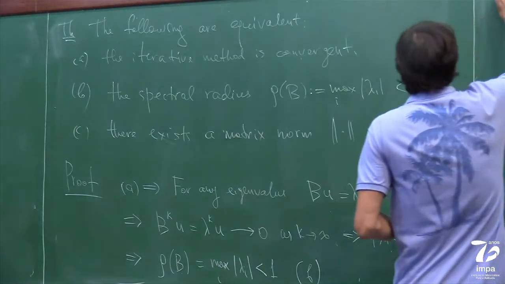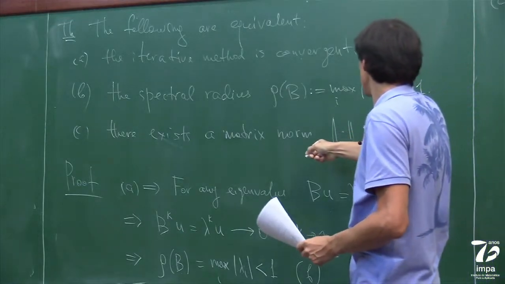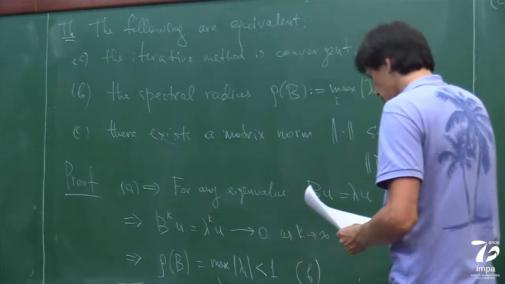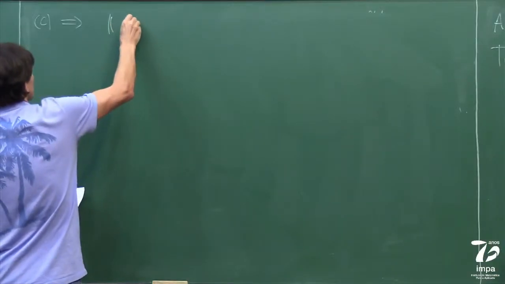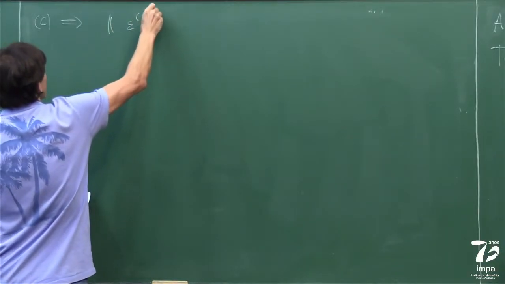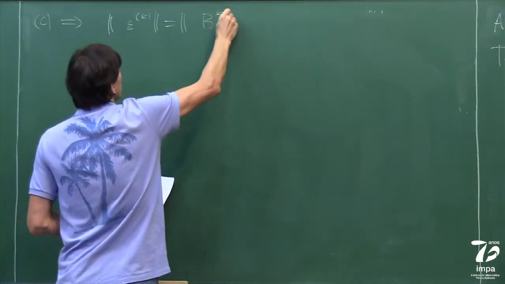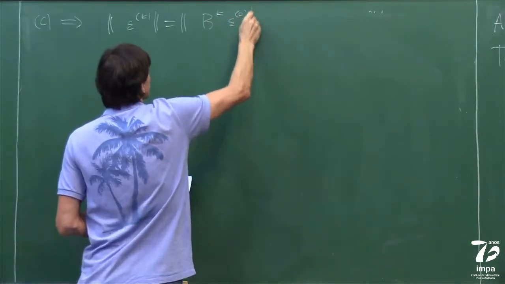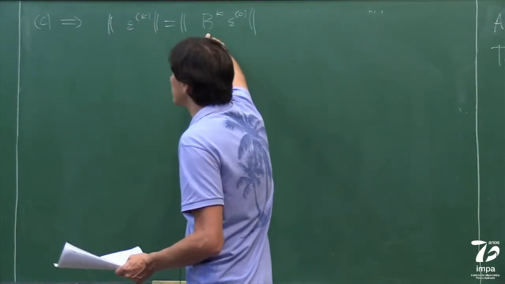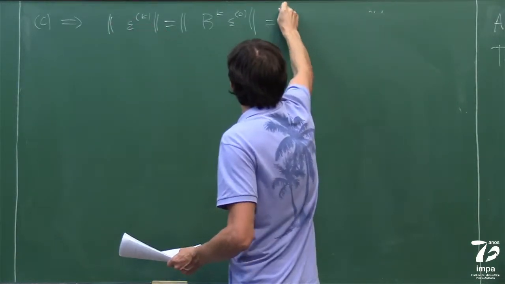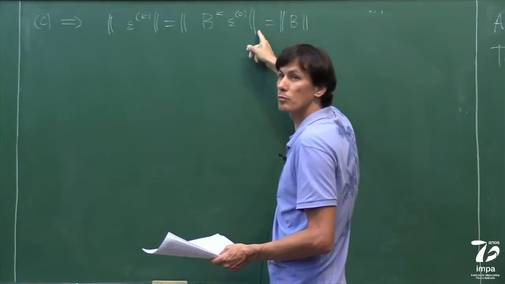Next, let's assume C, which means that there is some norm for which the condition holds. Then let's compute the norm of epsilon k, which is by definition the norm of B^k epsilon 0. But by the matrix norm property, it's less than or equal to the norm of B times the norm of the rest, and so on.